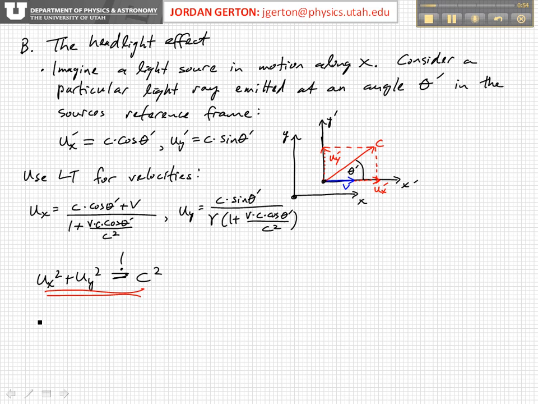So similarly, ux divided by c is equal to cosine theta. That's the angle measured in the unprimed frame.